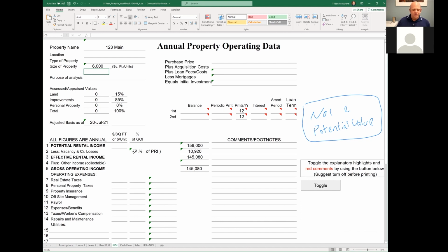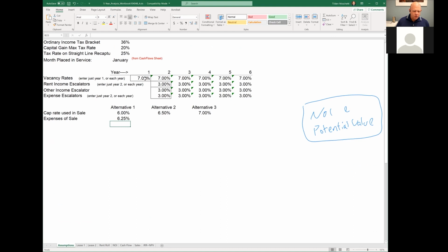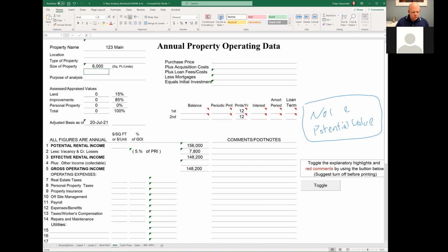We are using a 7% figure because that came from this assumption. We changed our vacancy and credit risk to 5% because we don't really have any vacancy. That's a much lower figure. So that leaves us with an effective rental income.